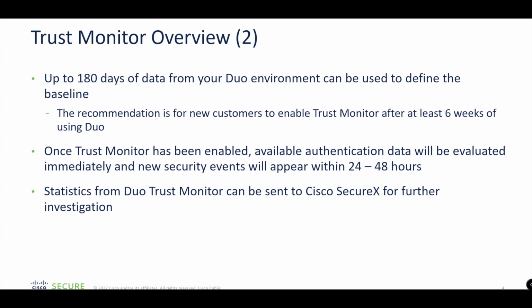Once Trust Monitor has been enabled, the available authentication data will be evaluated immediately. So what that is saying is that as soon as you have configured Trust Monitor, it's going to start looking at all the authentication data that's available and parsing that together in order to create that baseline, if you like. And then new security events will start to appear within 24 to 48 hours.